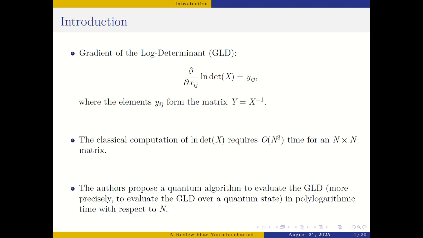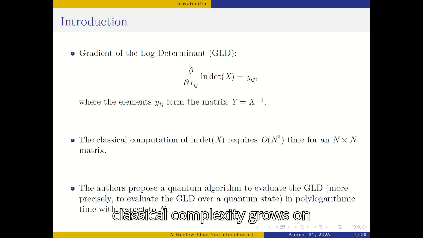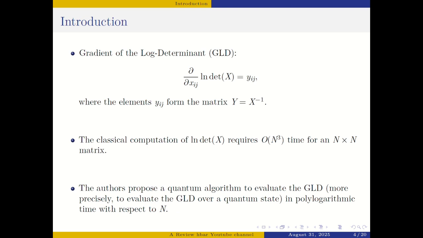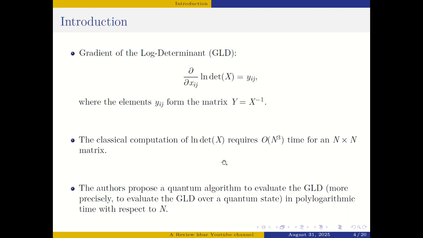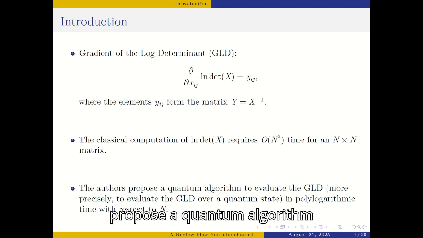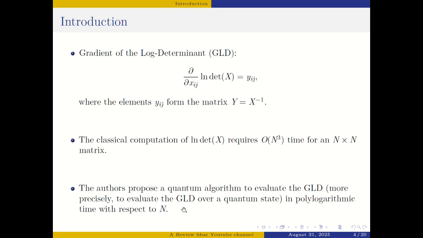They also highlight that the classical complexity grows on the order of n power 3, where n is the size of the matrix X. To address this, they propose a quantum algorithm that can evaluate the gradient of the logarithm of the determinant in polylogarithmic times.